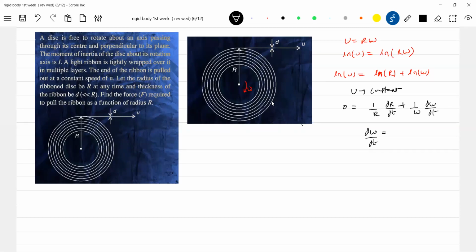Can we interpret the sign? I think definitely r will be decreasing, so if you want, you can put a negative sign. So d omega by dt is omega over r times dr by dt, and this d omega by dt should be equal to alpha.